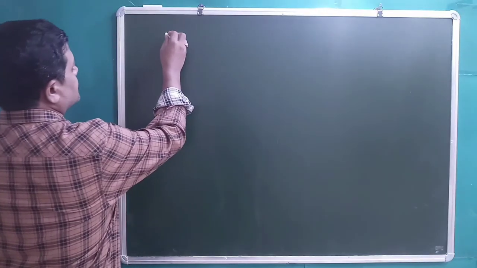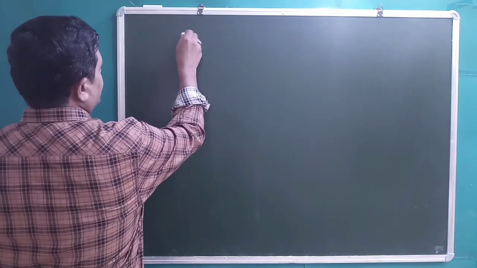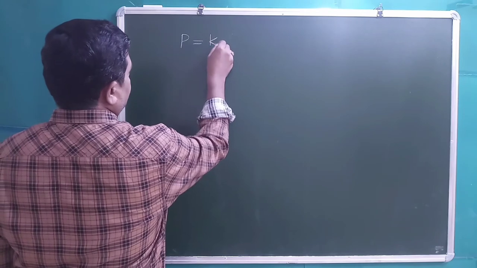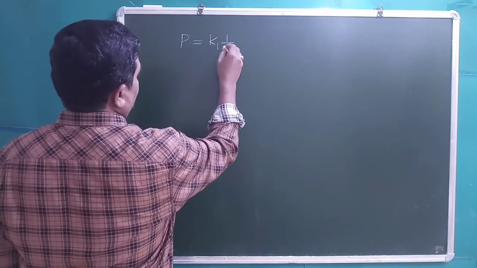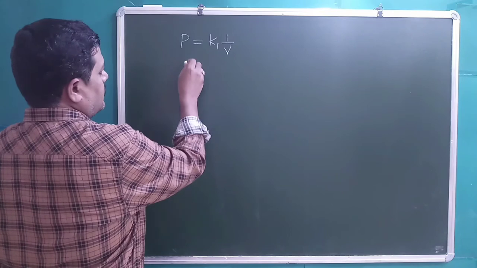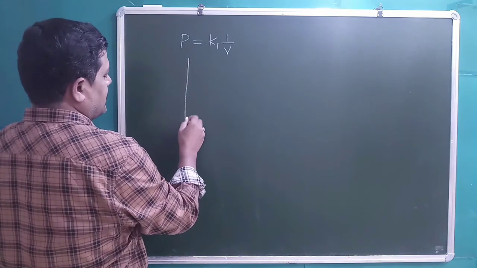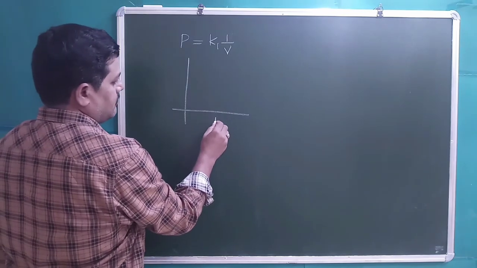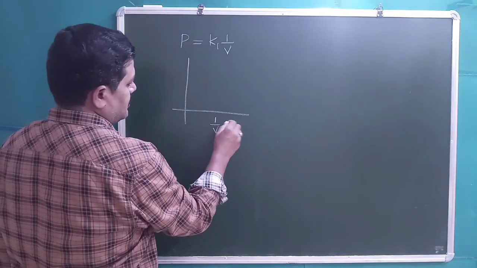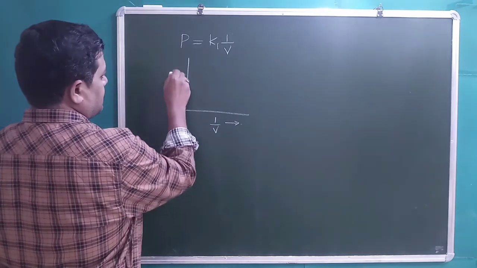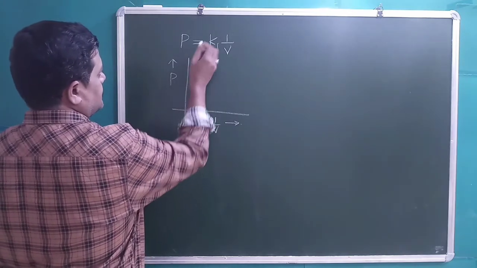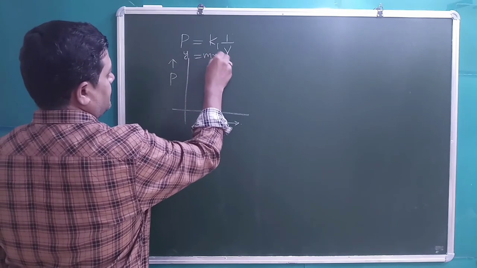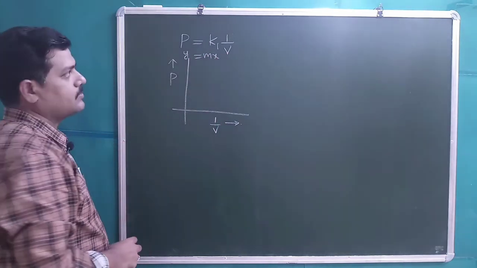Dear students, Boyle's law equation, pressure P is equal to some constant K1 multiplied by 1 by V. Now let us draw a graph, that is P versus 1 by V. By taking 1 by V on x-axis and pressure P on the y-axis, this is a straight line equation in the form of y is equal to mx, right?